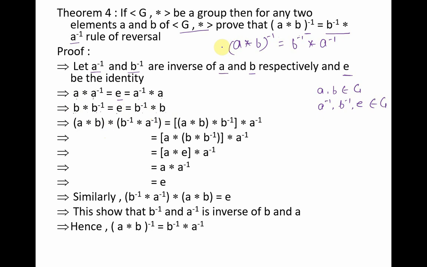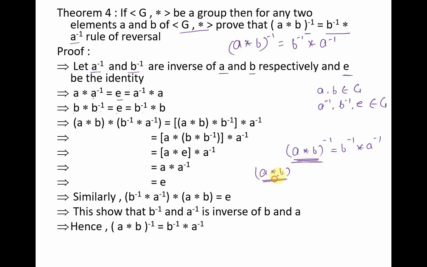Now, I am saying that (A star B) inverse is equal to B inverse star A inverse. See, this is the inverse of A star B. This and this are both inverses.